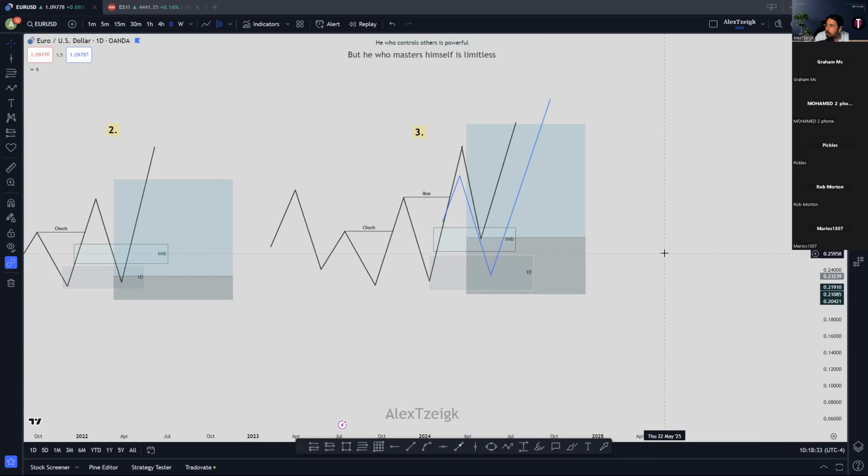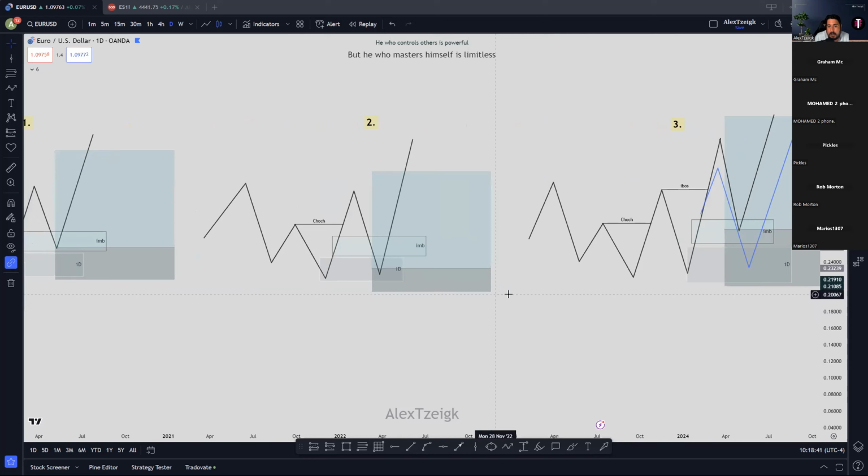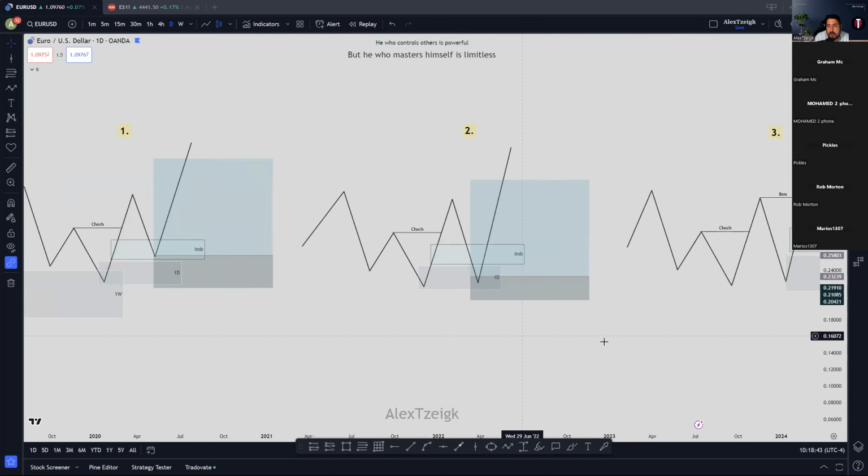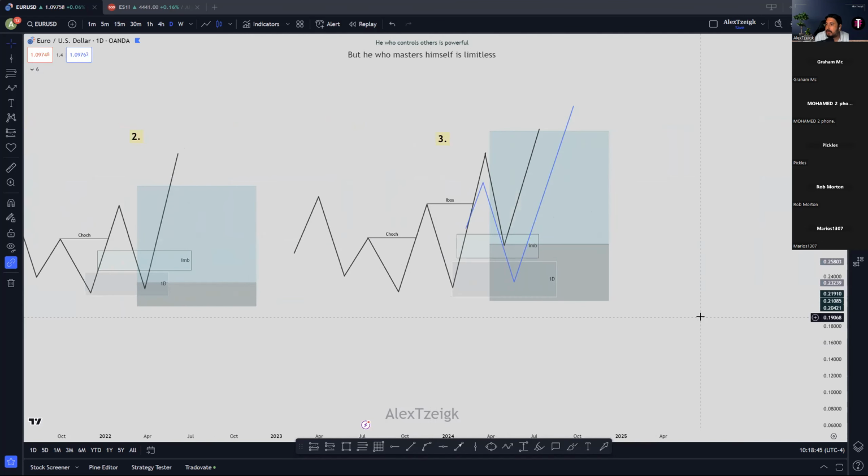Can you answer me one more question, my friends? Where would you risk 1% of your 1 million capital? In number one, number two situation, or in number three? Remember that we will take 1% of a 1 million account.